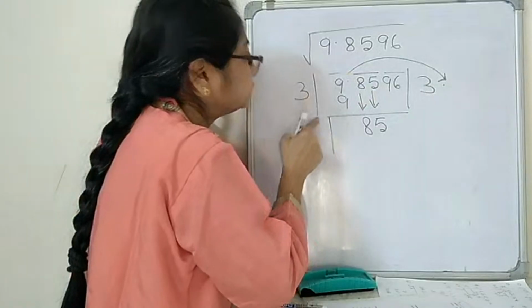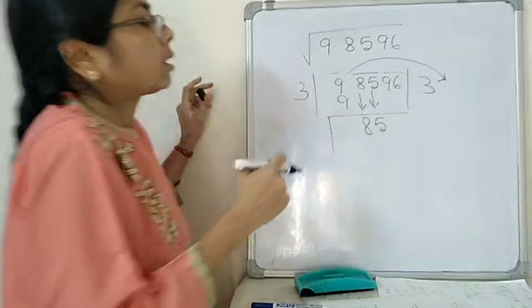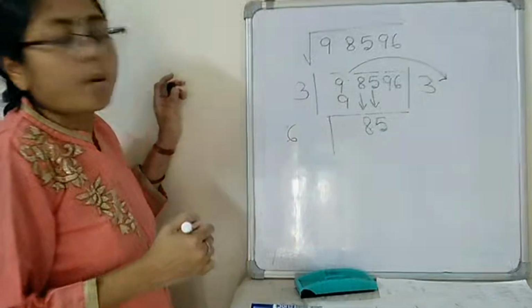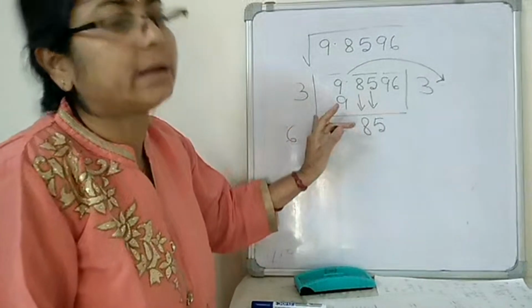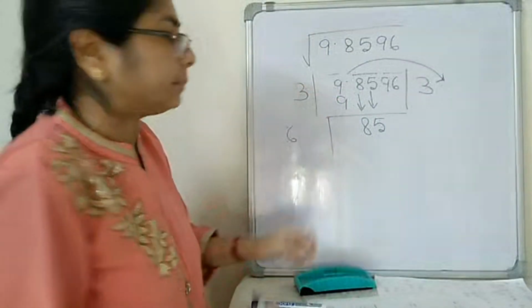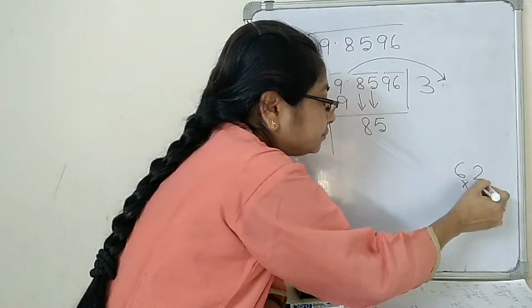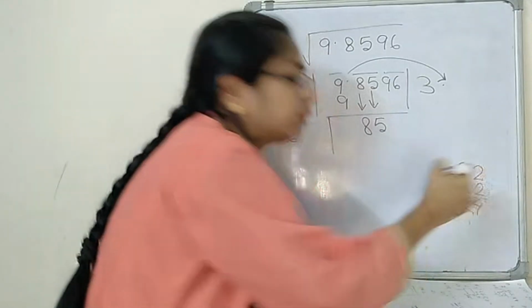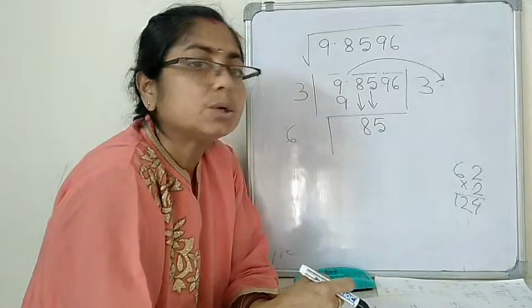Fourth step. 3 doubled is 6. Now I put any one number beside the 6 and multiply by that same number. First I try 2. 4, 12. 124. 124 is more than 85, so we can't use it.